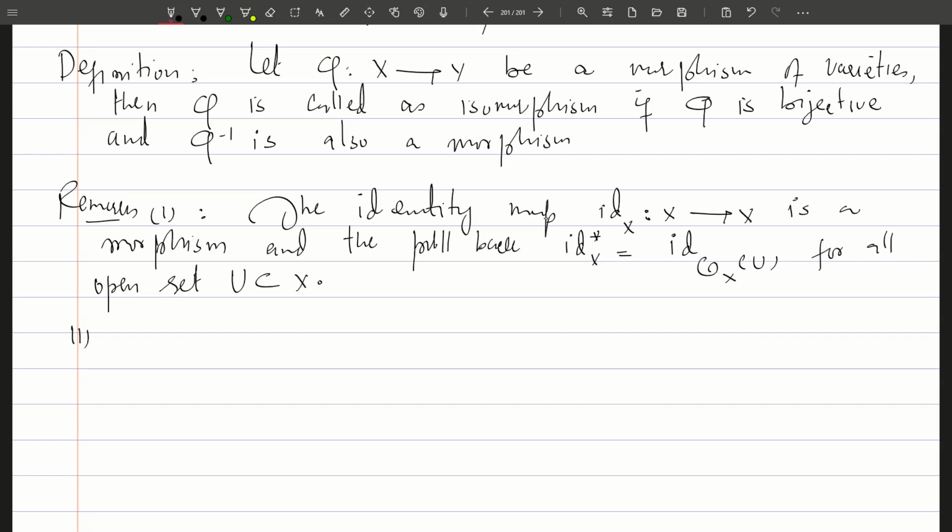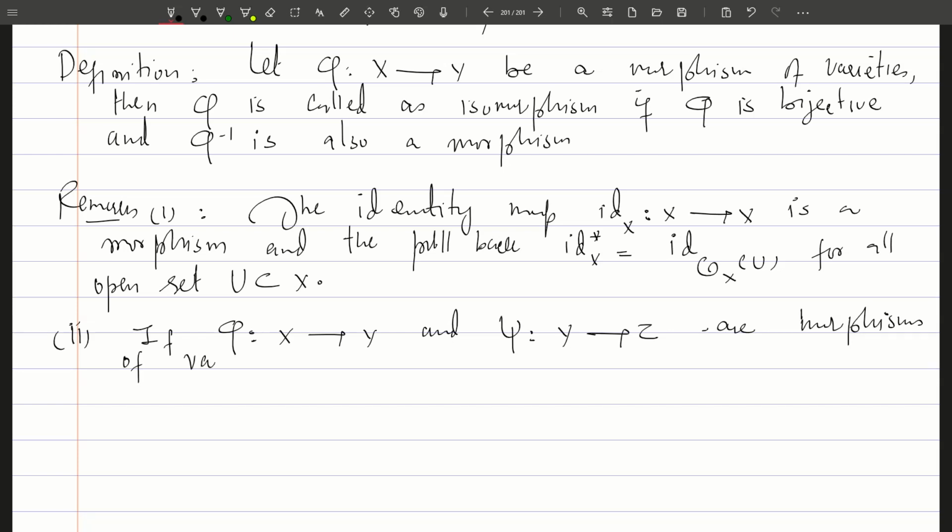Also, if we have two morphisms, say phi from X to Y and psi from Y to Z, morphisms of varieties, then the composition psi composite phi, which is a map from X to Z, is also a morphism.